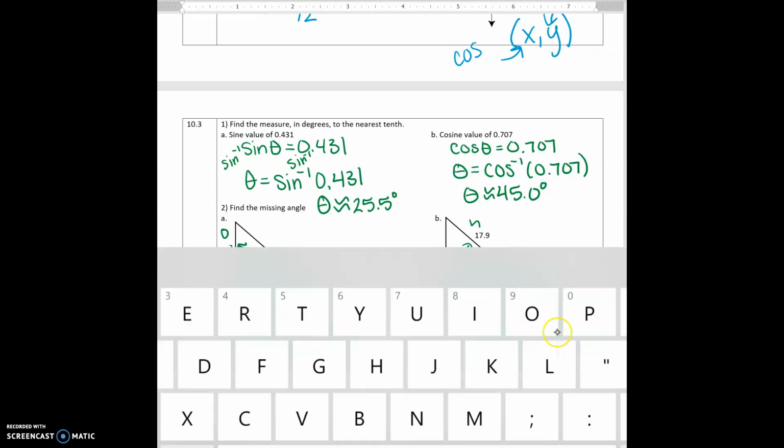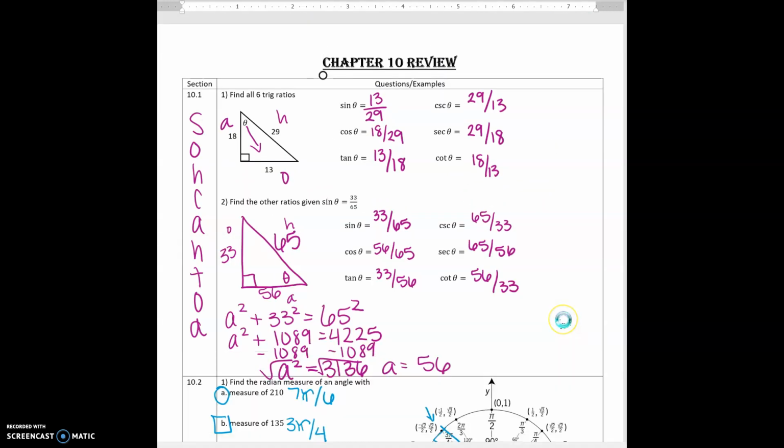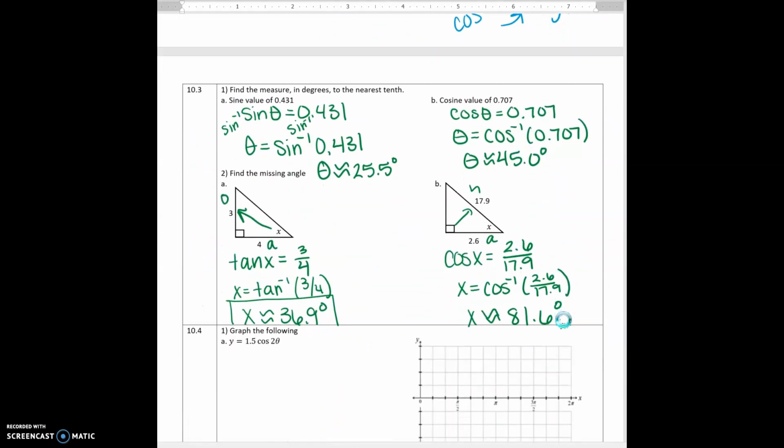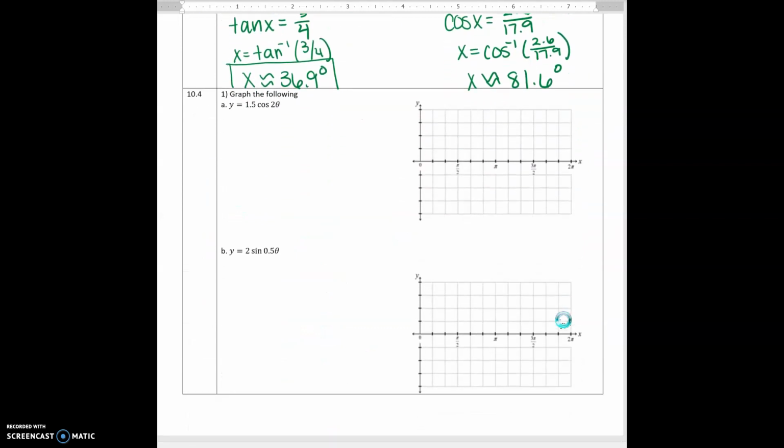And we're going to move on to probably what was your favorite section of this chapter, which was graphing these things. So, quick reminder, you have to find 3 things to graph this. The first thing is your amplitude.